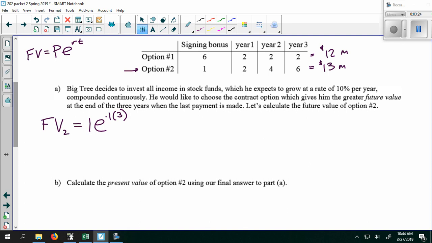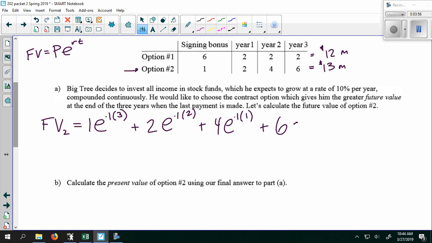All right, and then he's going to get $2 million for his next payment, and that's going to get invested for 2 years because it happens at the end of the first year, so he's got 2 years left. So e to the 0.1 times 2. Then he gets $4 million, e to the 0.1, he only gets 1 year to invest that. And then $6 million is the very last payment at the end of the 3rd year, so it doesn't get invested.